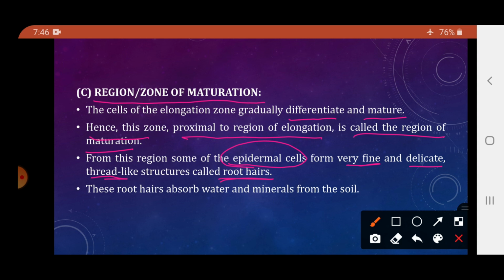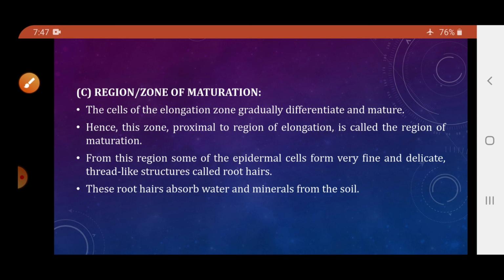So from the zone of maturation arise the root hairs, and the root hairs help in the absorption of water and minerals from the soil. These root hairs come out from the epidermal cells of the maturation zone.